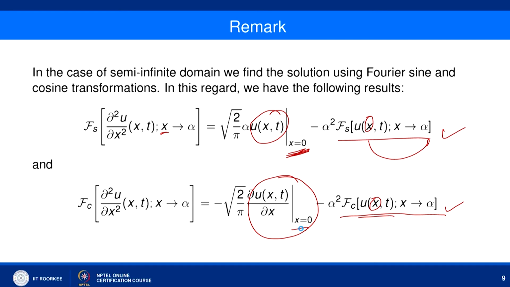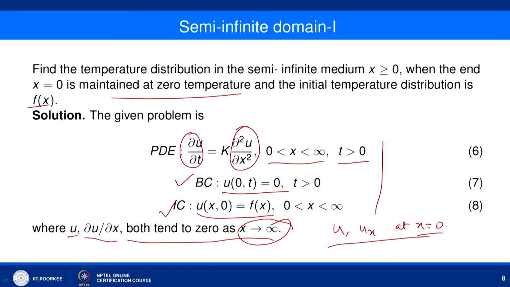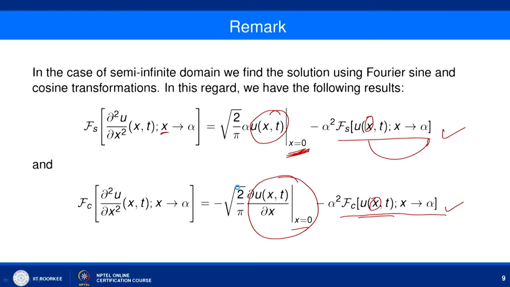For example, here at the point x = 0 the condition u(0,t) = 0 is given. So we should apply the Fourier sine transform, because in the Fourier sine transform we only need u at x = 0, but if we apply the Fourier cosine transform, then I need the value of ∂u/∂x at x = 0, which is not given here.